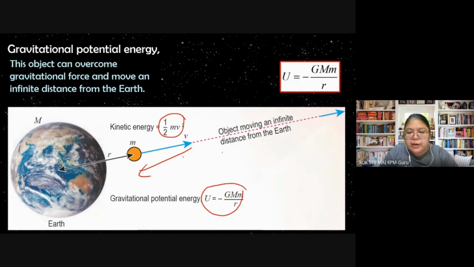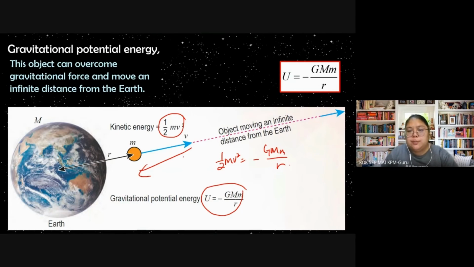So from here, we can write the equation half mv squared equals negative GMm over R. Both energies are the same, just transferred. So when they are equal, they become zero. If you go over, then half mv squared becomes bigger than the gravitational energy, so you can go outside. So this object can overcome the gravitational force and move an infinite distance from the Earth.